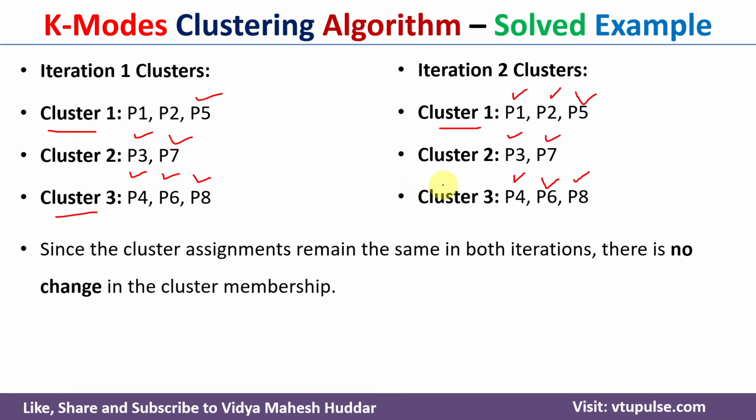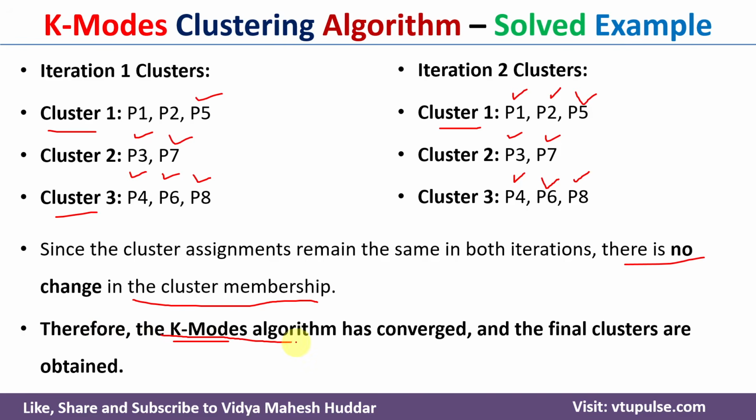So by observing this, we can conclude that both the iterations are same. So there is no change in the cluster membership. Therefore, the K-modes algorithm has converged, and the final clusters are: cluster 1 P1, P2, P5, cluster 2 P3, P7, and cluster 3 P4, P6, P8.